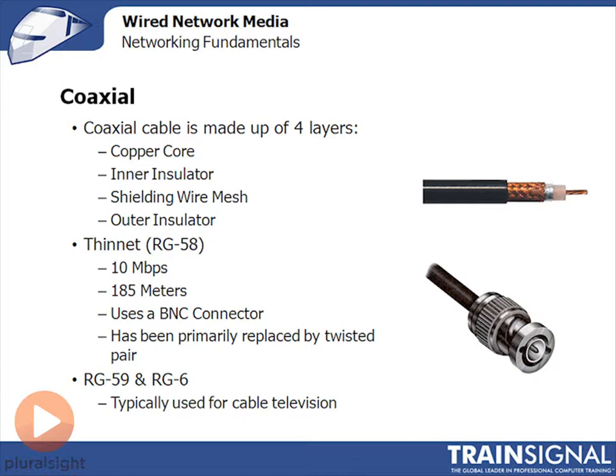Now, I mentioned RG58, and the reason I mention this is because there are also a couple other specifications of coaxial cable called RG59 and RG6. These are the types of coaxial cable that you would see connected to your television. Okay, so if you have cable TV and you're thinking, well, I plug in with a coaxial cable, could I just use that for my computer network?